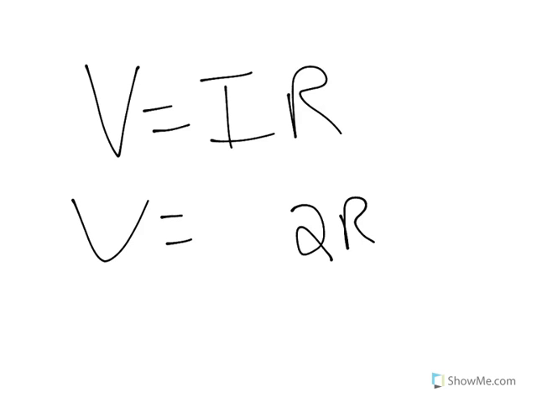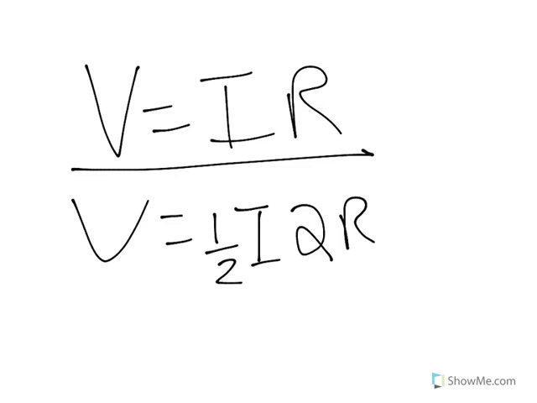So something has to happen to the current. Well, we don't have any numbers in the formula here, so I don't need to have any numbers here. So I've got to do something to the current that cancels out the 2. And if I half the current, it cancels that out, so we're left with V is equal to IR again. But I have to half the current in order for that to happen. So the answer should be A.